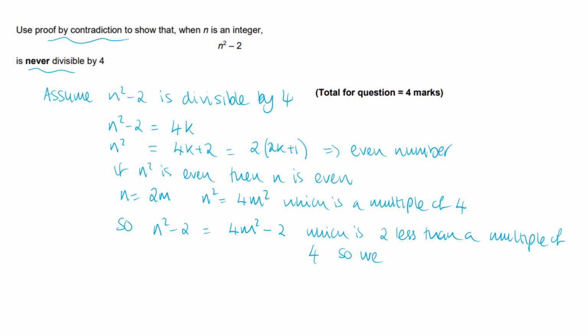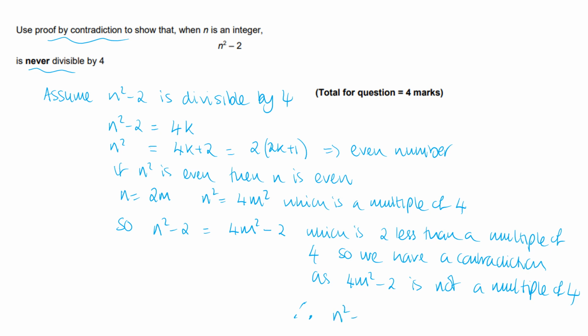So we have a contradiction, as 4m squared minus 2 is not a multiple of 4. So then our original statement must be false. So therefore, n squared minus 2 is never divisible by 4.